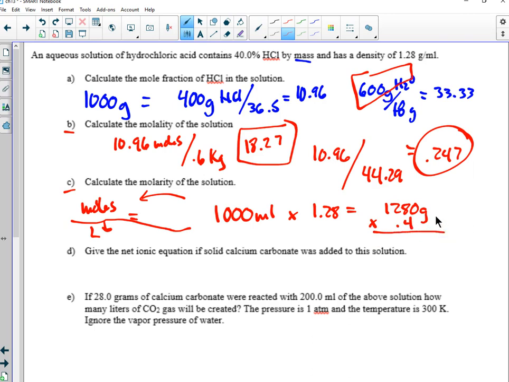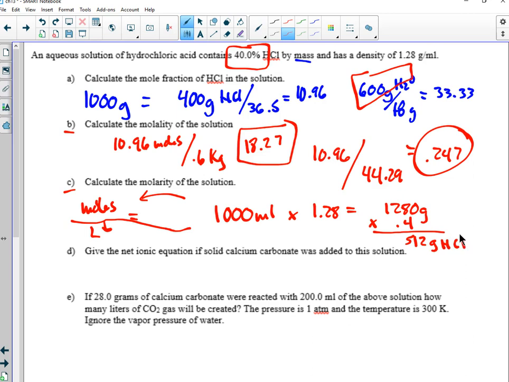How come? Because that's the percentage that is my solute. Is that 512? I did this all wrong because I had the wrong number, but 512. That's grams of HCl.